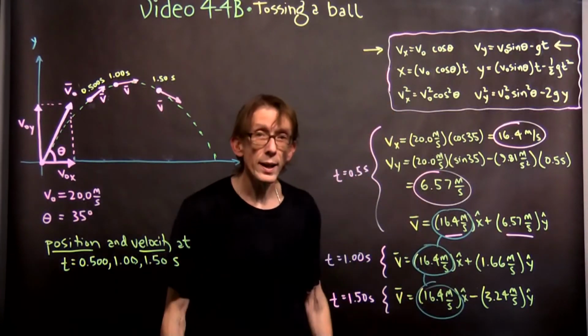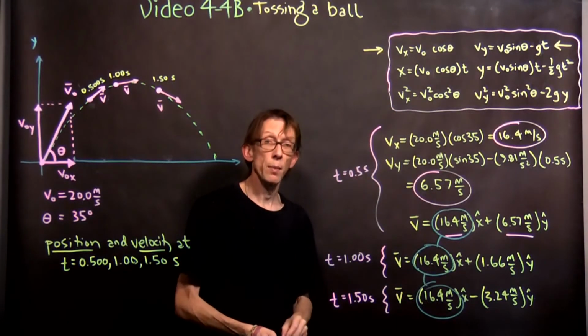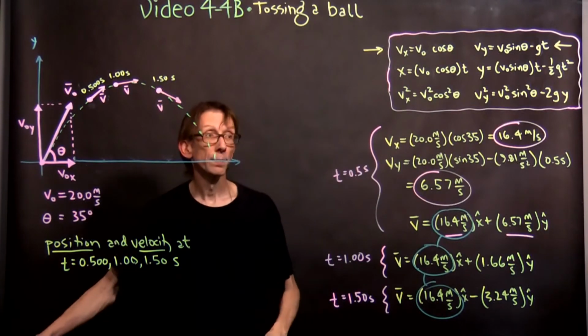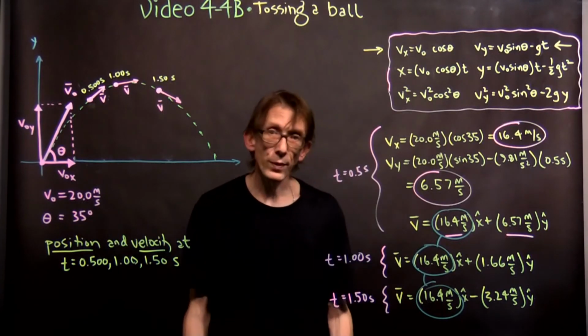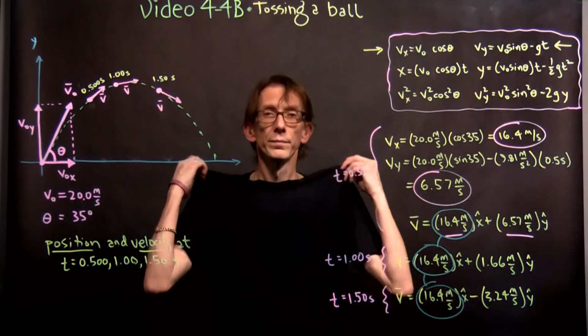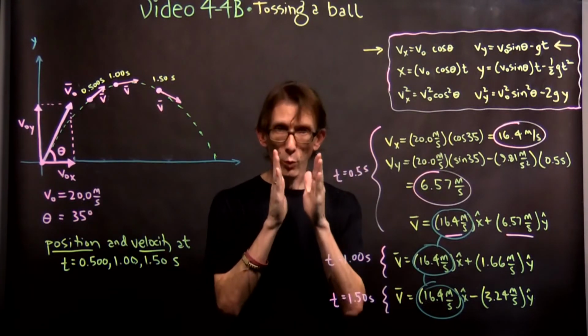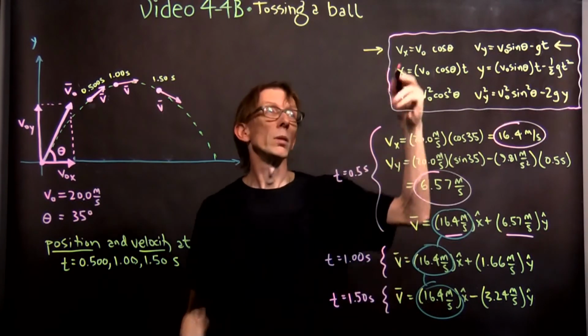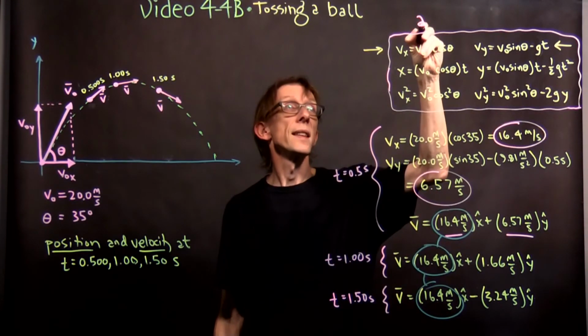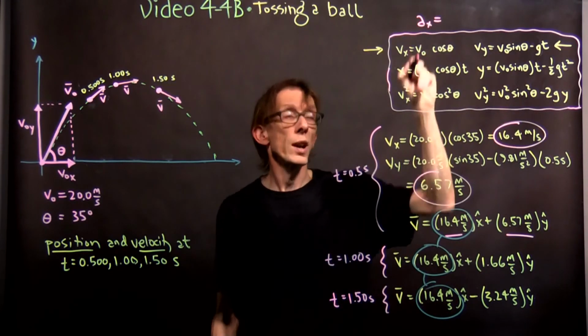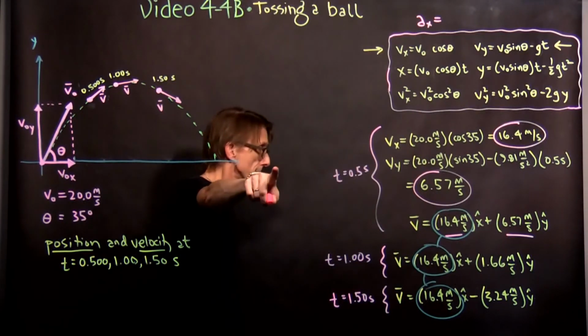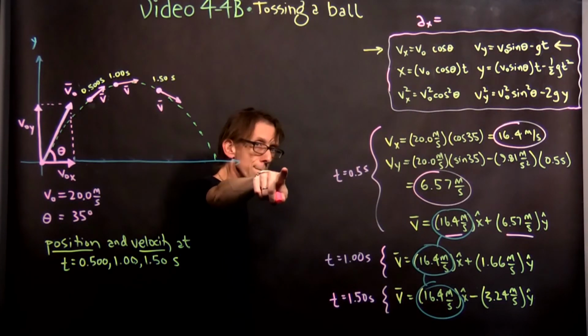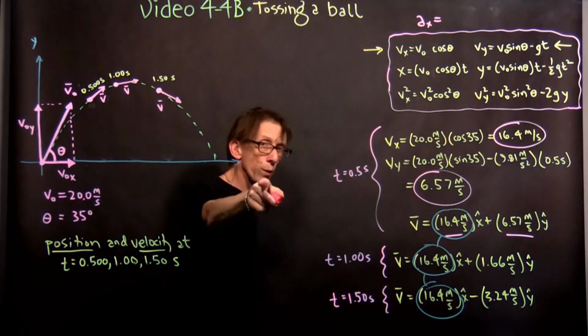All three x velocities are the same. And why is this? Why is the x velocity unchanged? Because if you will remember, when we set up projectile motion, we insisted that the acceleration in the x direction was 0.